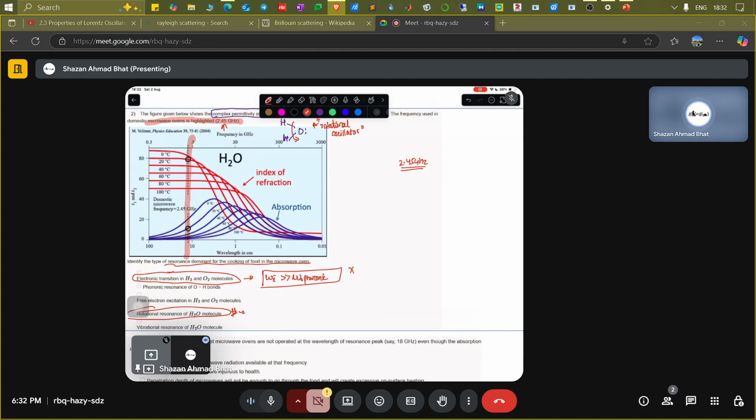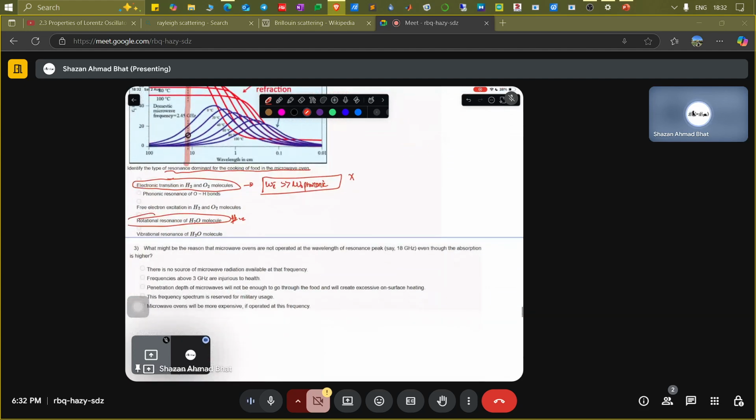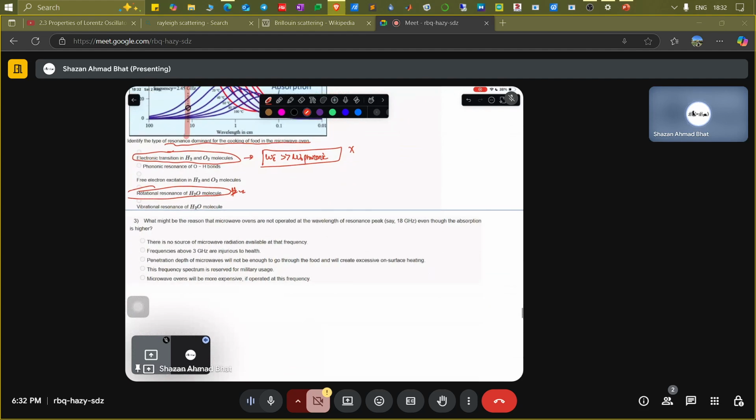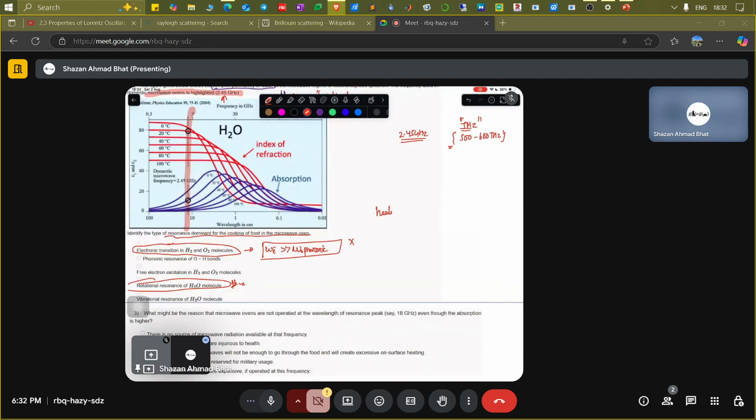For that the frequency has to be beyond terahertz, around 500 or 600 terahertz, I believe. So this is a very low frequency we're talking about, and that is why there will be rotational resonance of the water molecules, and that results in the heating of the food. That's what we discussed in the initial slides.